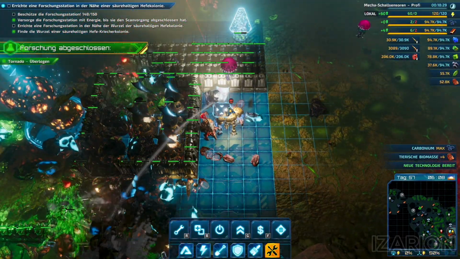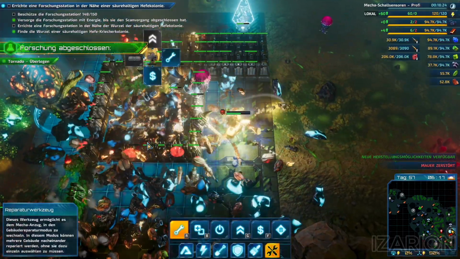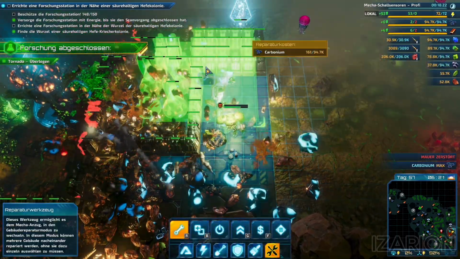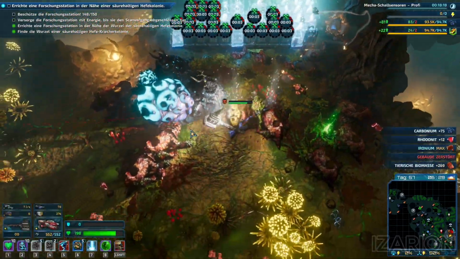Technology has been developed. New blueprints are available for crafting. Wall destroyed. A building has been destroyed.